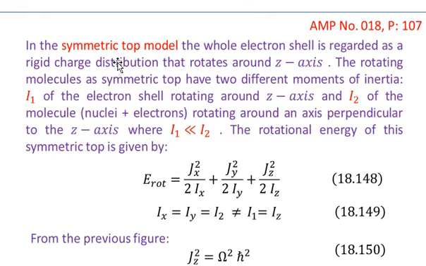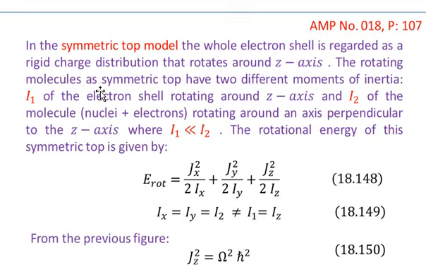In the symmetric top model, the whole electron shell is regarded as a rigid charge distribution that rotates about the z-axis.